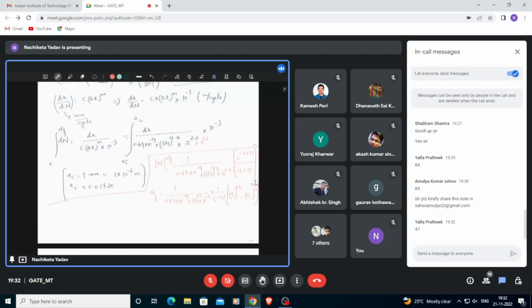47. Why is this value very less? We have to multiply by this also.